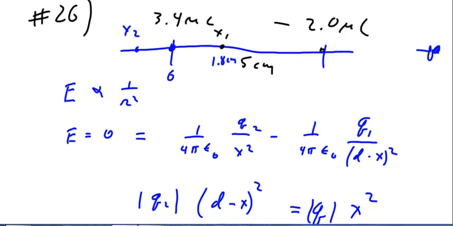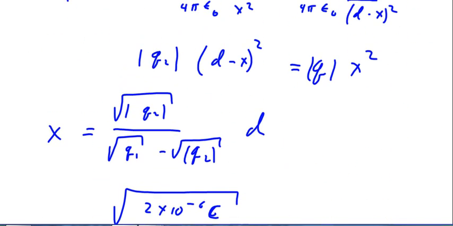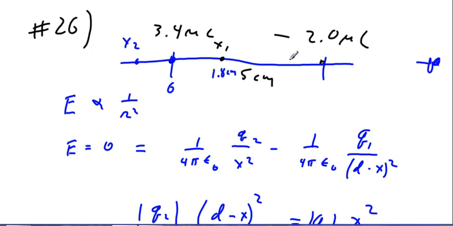So the first guy is going to happen at 1.8 centimeters, and then we're going to do it again. It's going to be 1.8 centimeters away from the positive charge.